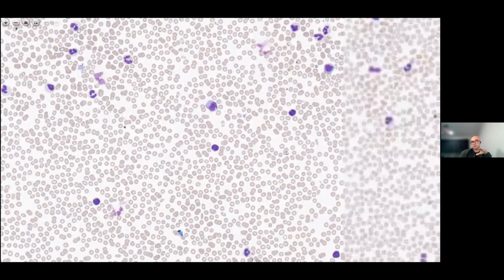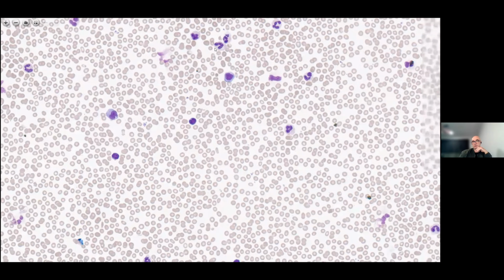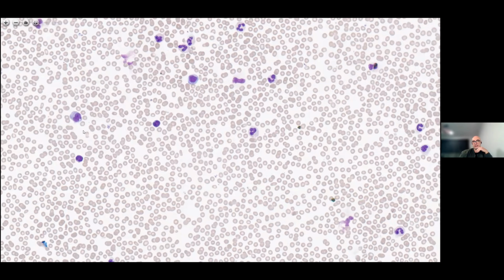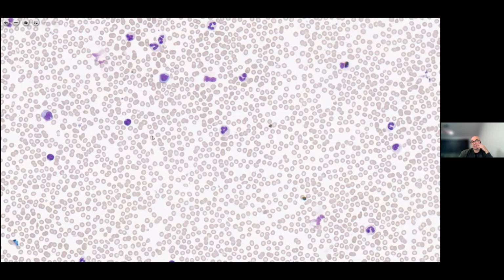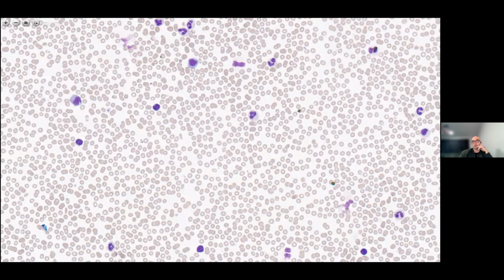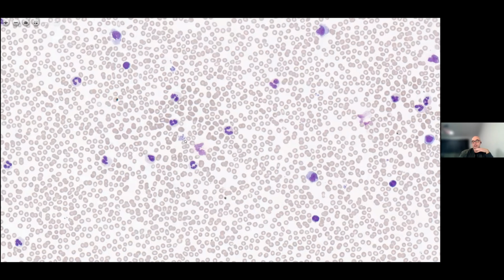The predominant, most common white cell in this patient is neutrophils, these multilobular white cells with granulation. There's 1, 2, 3. So it looks like about three in four of the white cells are neutrophils, and a normal neutrophil count is anywhere from about 1.5 to 7.5-ish. The ranges vary from laboratory to laboratory, but I'm happy to say that this neutrophil count is normal, so they don't have a neutrophilia or a neutropenia.